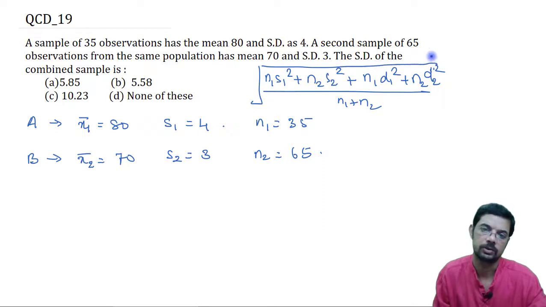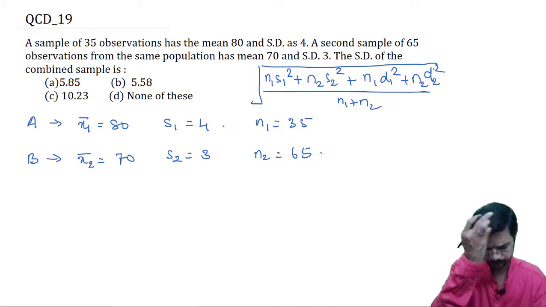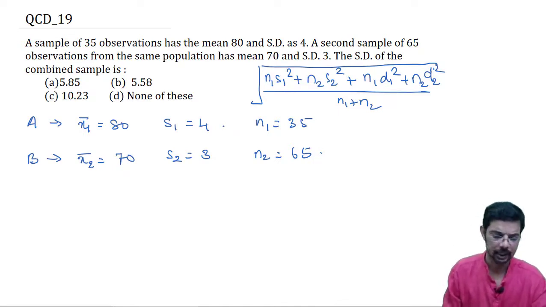We need to find D1 square and D2 square, so all these things will be done. Let us calculate that.